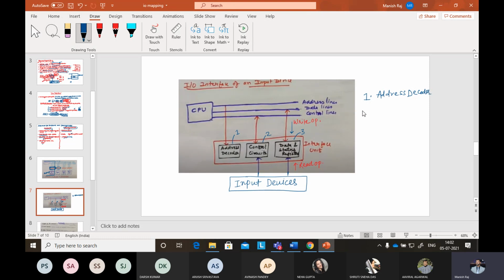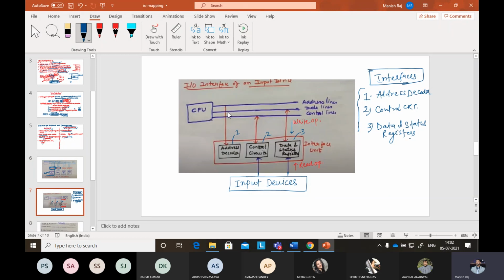Second, the control circuit. And third, the data and status registers. These three things are present in the interface device, and on the basis of them you can connect the peripherals to the CPU.